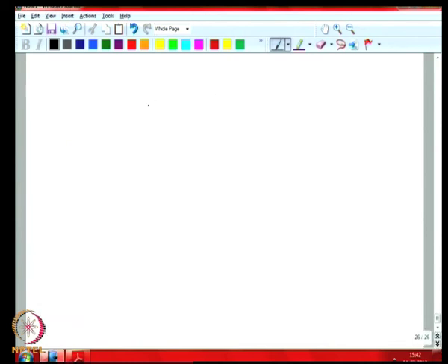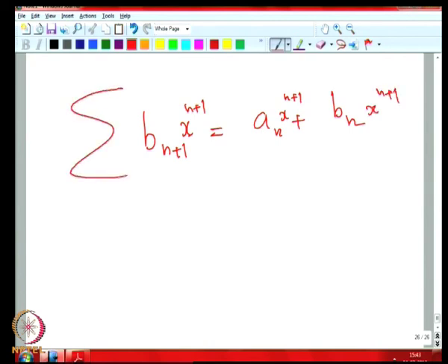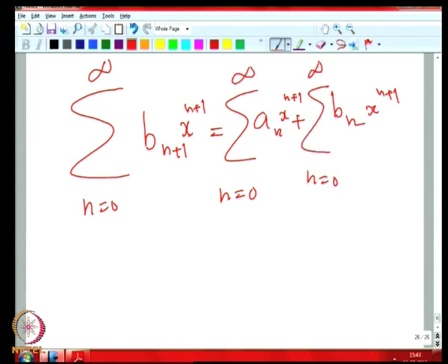Secondly, we can use the other part of the recurrence relation, b n plus 1 is equal to a n plus b n. Here also we multiply by x raised to n plus 1 first, and then sum it from n equal to 0 to infinity everywhere. What do we get?